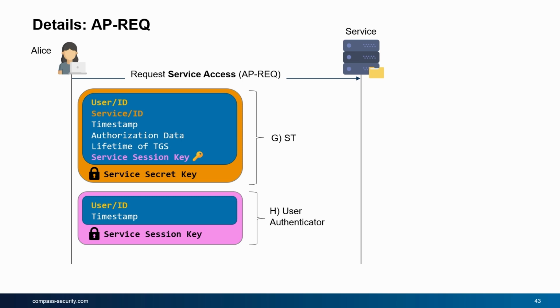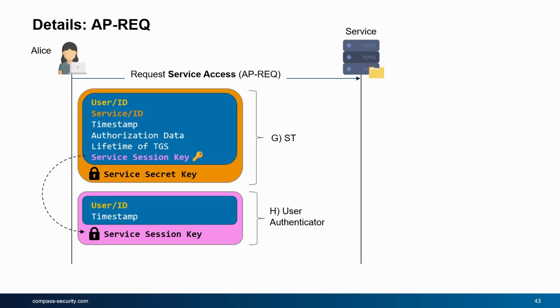Again, if we look at the service ticket, this has not changed. It is still encrypted with the secret key of the receiving service, and the authenticator is essentially the same again. We have the user ID and the timestamp. Now this time it is encrypted with the session key that is associated with this service ticket.